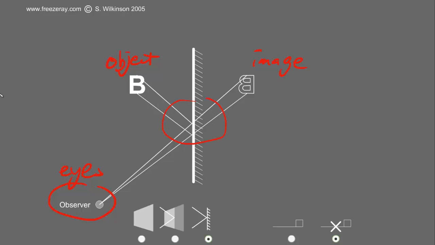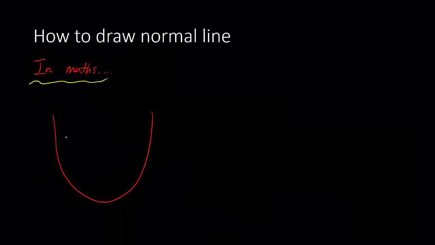And in the middle part here, if we try to draw with a yellow color pen, we can try to draw out the normal line. Normal line is defined as 90 degrees with the surface. In maths, you learn about quadratic equations and you draw a parabola, and you should have learned how to define the tangent at a certain point on the curve, right?